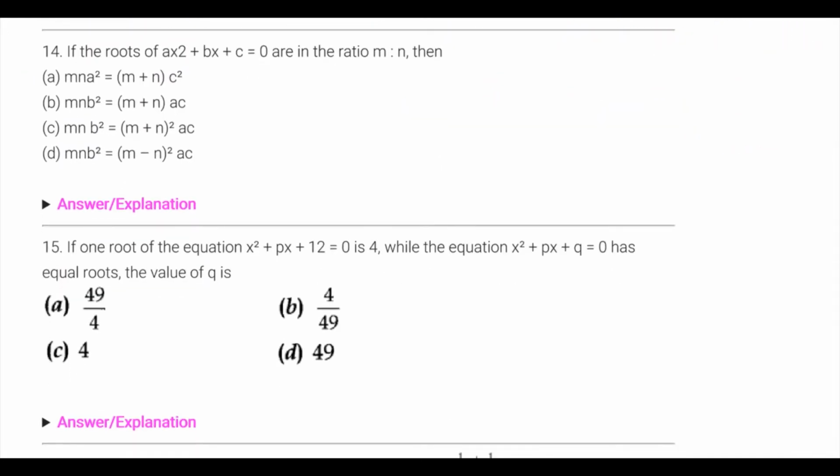If the roots of ax square plus bx plus c equals 0 are in the ratio m is to n, then, so given the ratio of the roots m is to n, let us say alpha and beta are the roots, and alpha by beta equals m by n.